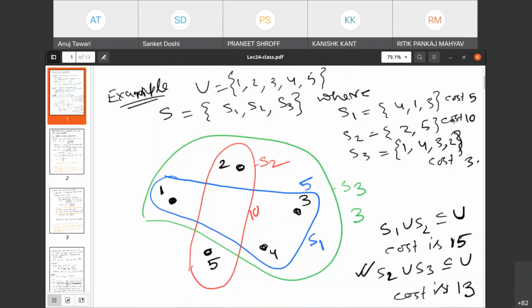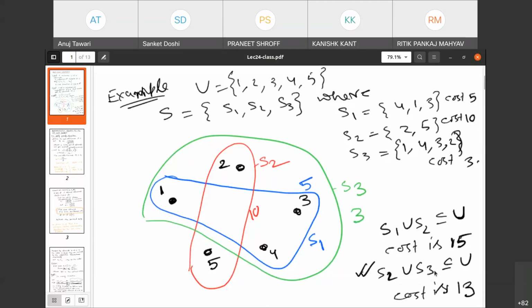Just one of them doesn't suffice because then some of the elements will be missing. For instance, 2 and 5 will be missing from S1, 1, 3, 4 are missing from S2, and 5 is missing from S3. So you have to pick some 2 of these. You could pick either S1 union S2, S2 union S3, or S1 union S3. If you pick S1 union S2, the cost will be 15, 5 plus 10.